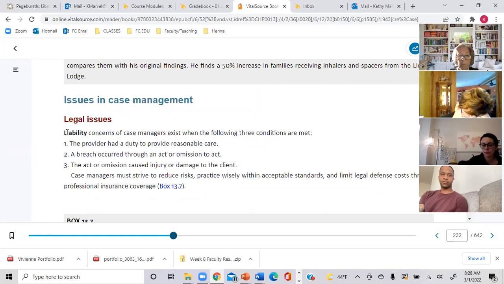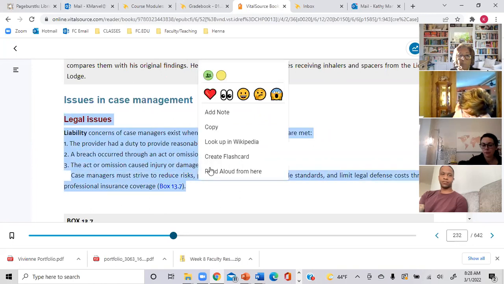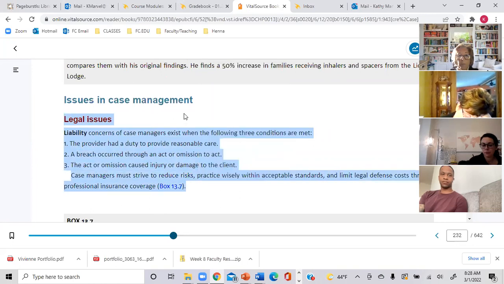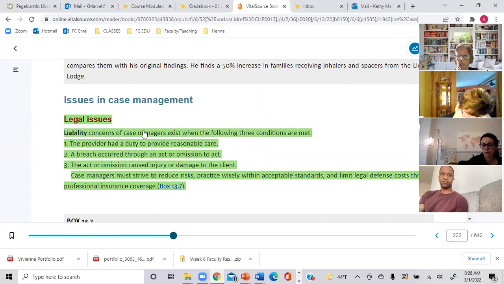So again, liability, we could also say malpractice. Case managers must strive to reduce risks, practice wisely within acceptable standards, and limit legal defense costs through professional insurance coverage. So this is important to know, that there are legal issues that potentially could arise, but you have to meet these three.